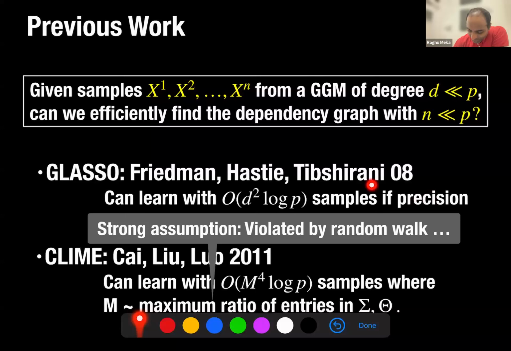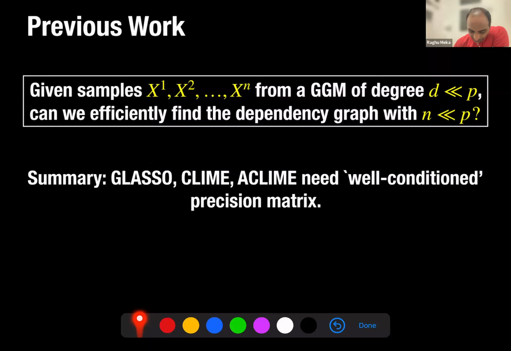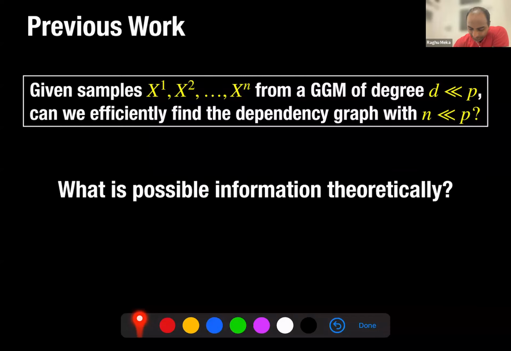And all of these are violated by many examples, such as anything which has a random walk, any dependency graph which has long paths will violate these assumptions. So in summary, the software packages which are used widely do not work if the matrix is not well conditioned, for example the random walk matrix. And it's not just that the guarantees don't work, they actually fail empirically when you implement them.